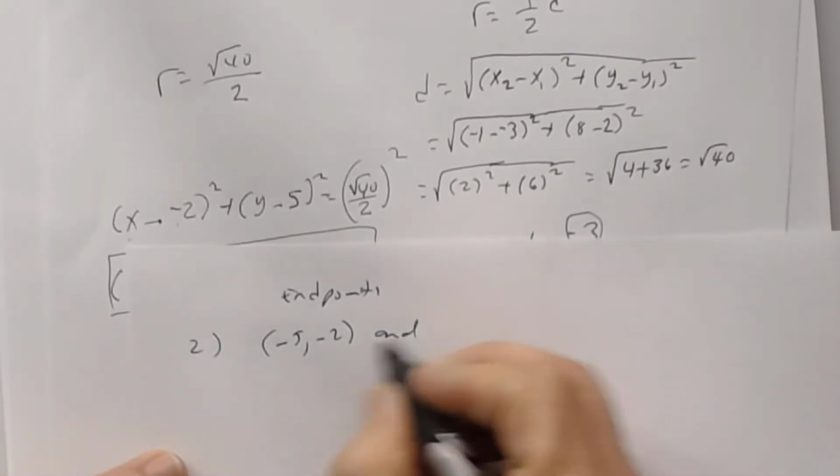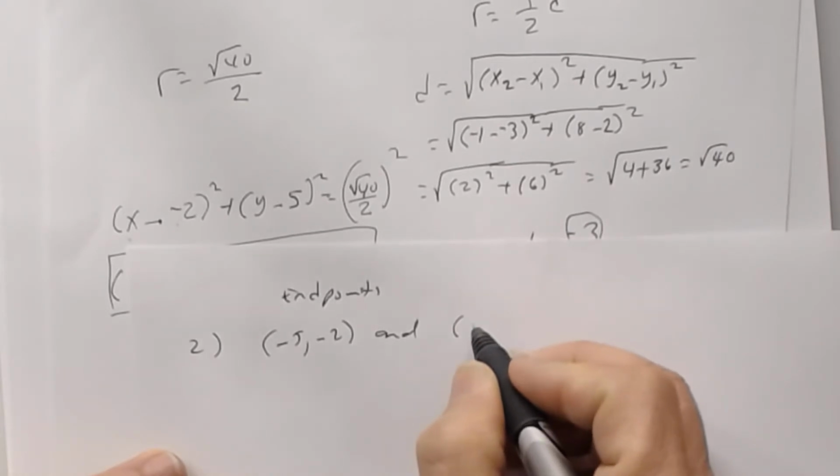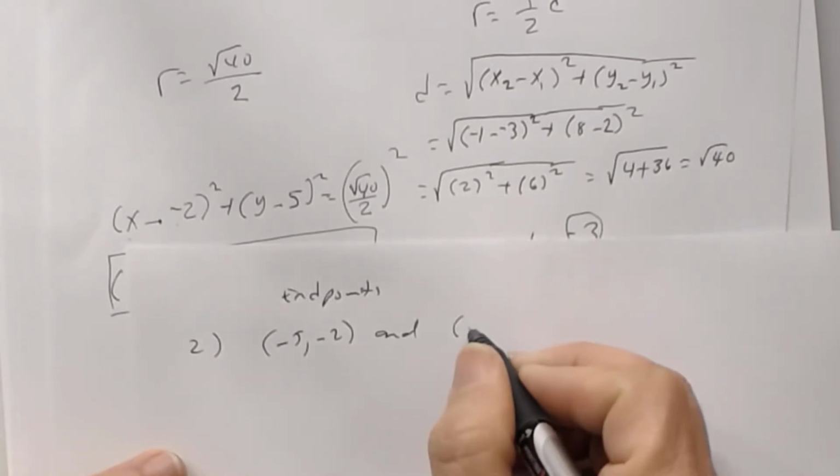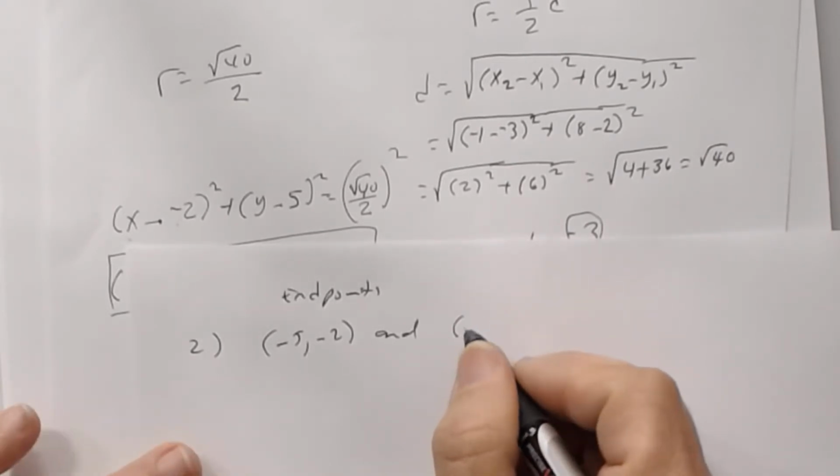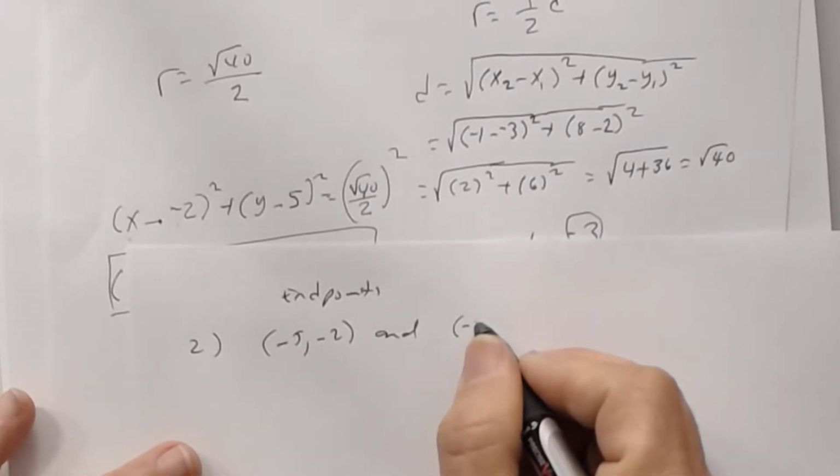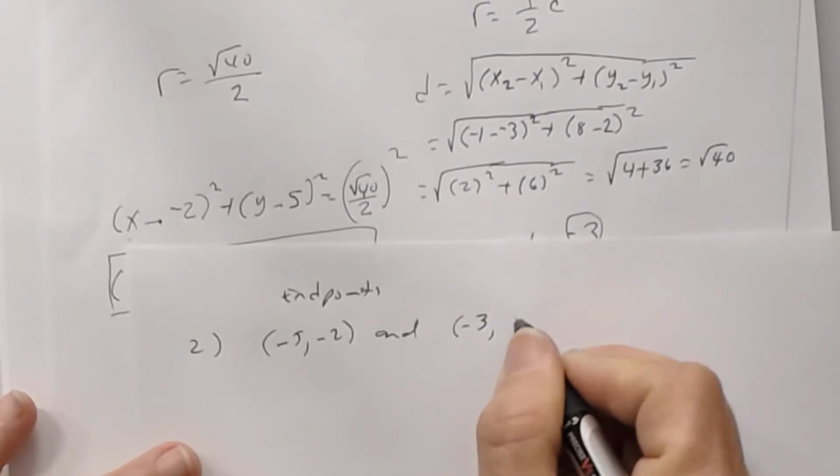So endpoints are these. I just got to make sure that my center are nice numbers. Let's say -3 and 0. Okay. All right. Now remember, those are our endpoints of the diameter, of one of the diameters.